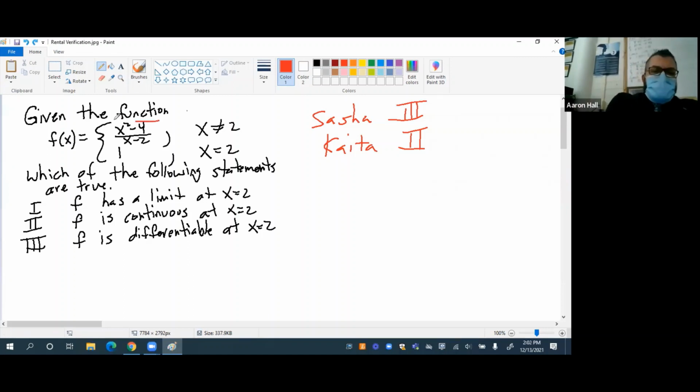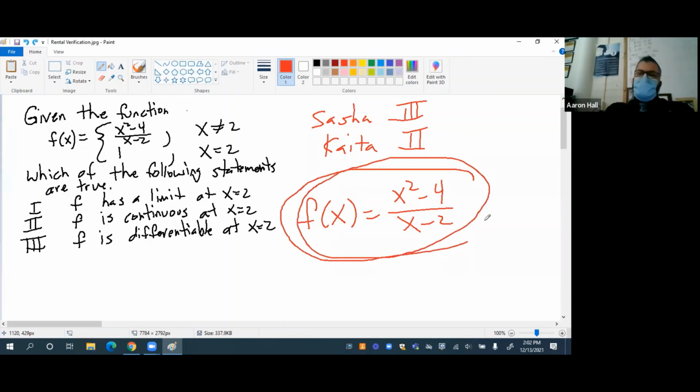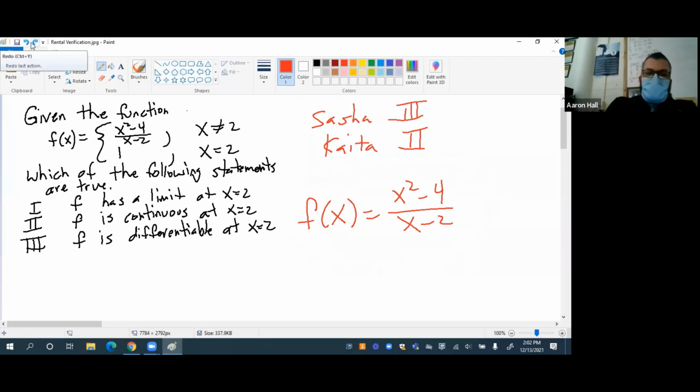Is there anything I can do with this piece of the piecewise right here? Part of this piecewise says f of x equals x squared minus 4 over x minus 2, right? Part of our piecewise says that for values when x is not 2. Is there something I can do with this to help me examine whether I have a limit or not? In fact, specifically, can I calculate this limit as x approaches 2 for this function?